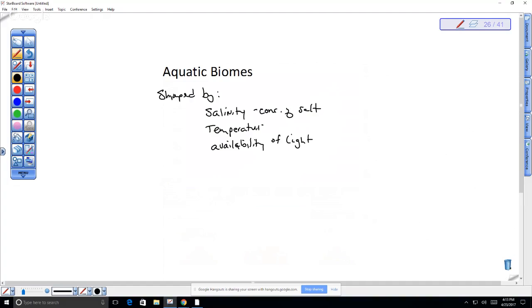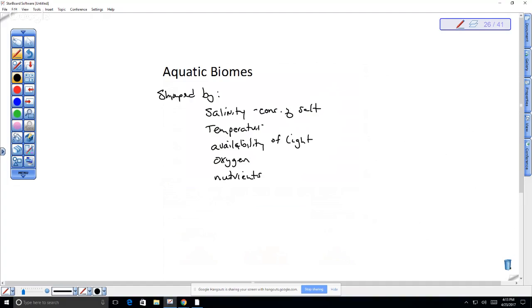And then we also have oxygen and nutrients. Sometimes water is so warm and stagnant that we start to lose oxygen levels. When streams run over rocks and become oxygenated, that will help the animals survive because there's more oxygen.